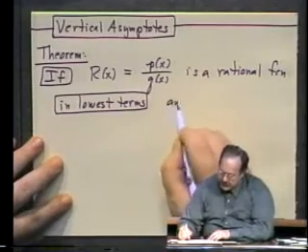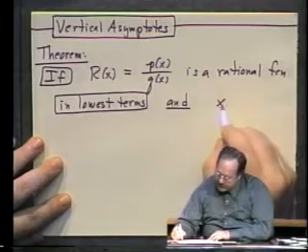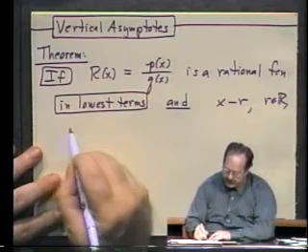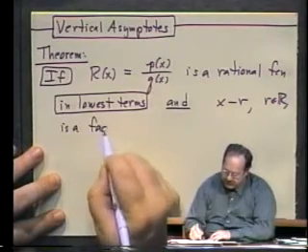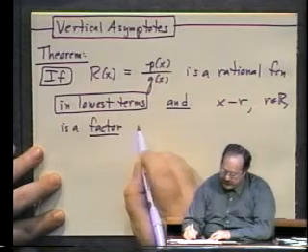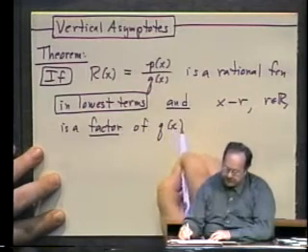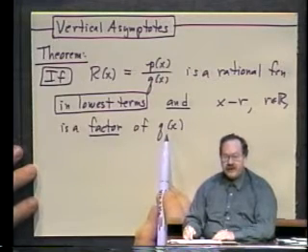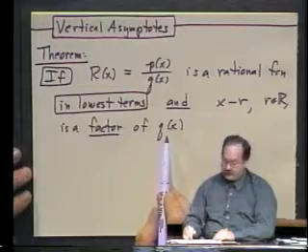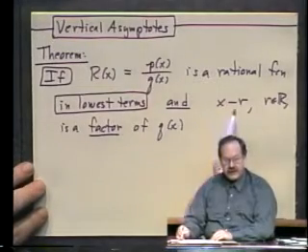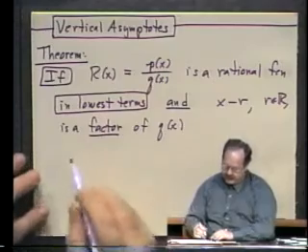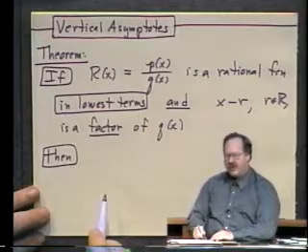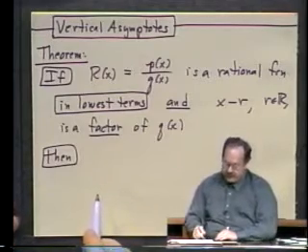If it's in lowest terms and x minus r, where r is a real number, is a factor of q of x, that means that r is a 0 of q of x, because putting r in for x would give us 0 as one of the factors of q of x. So r is in fact a 0 of q of x. And I think I said earlier we'd be talking about the zeros at the bottom, and now we finally are.